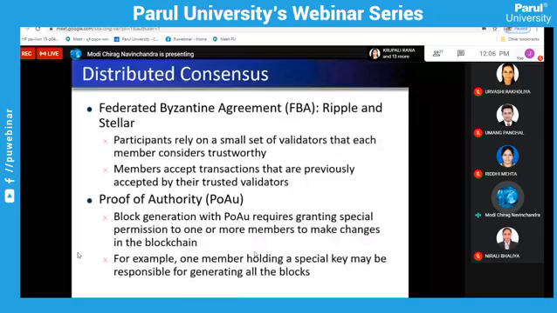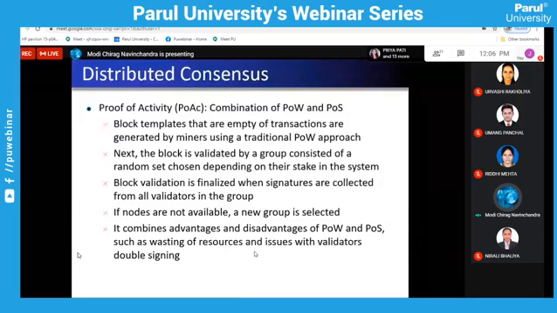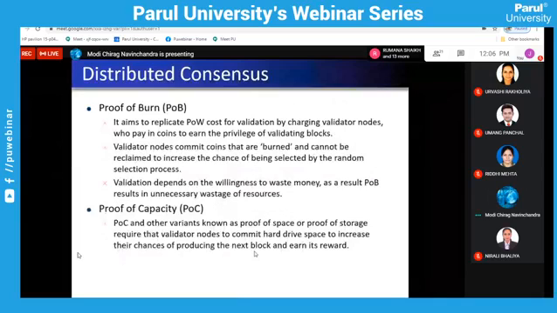As I said, whichever node is successful, that node will get some reward. So to get a reward, you have to spend something. In proof of work, nodes are spending their computational effort. In proof of stake, the nodes will spend some money. Suppose like a poker game, every node will spend a certain amount.